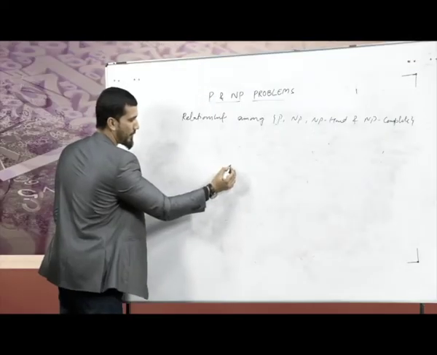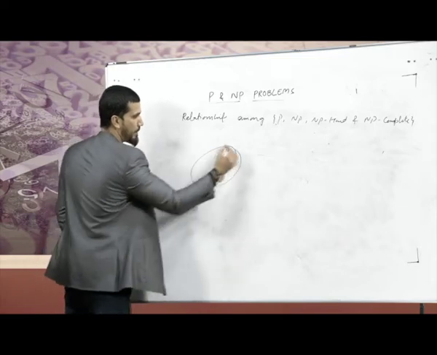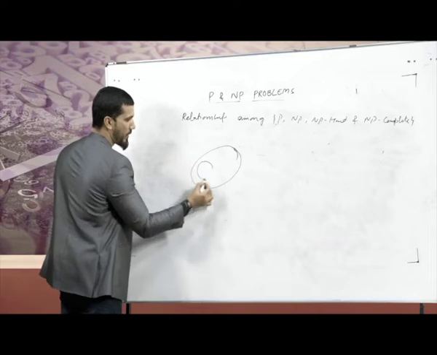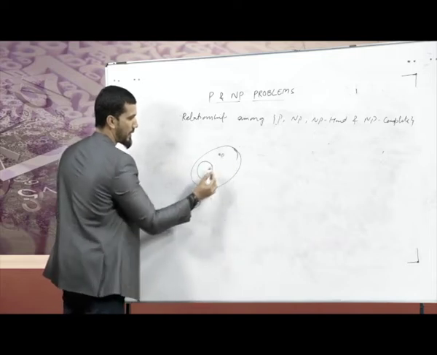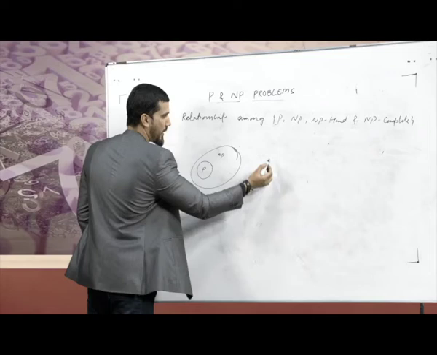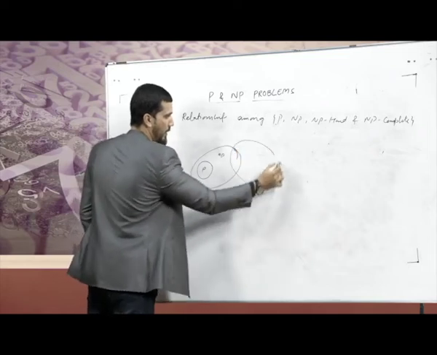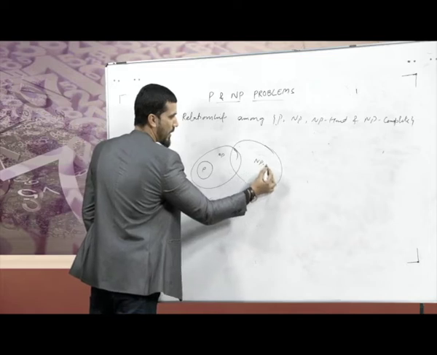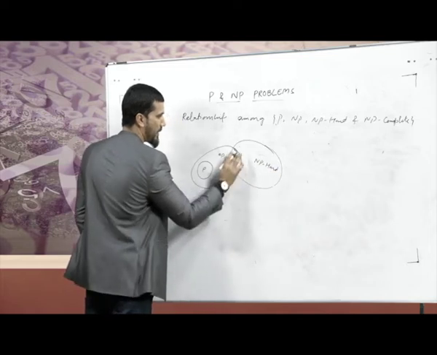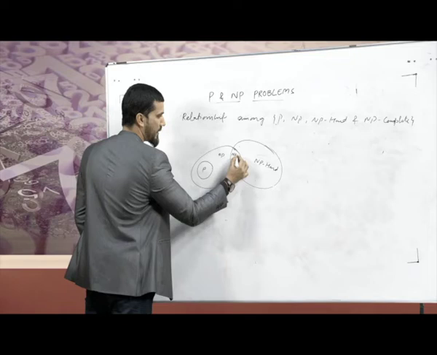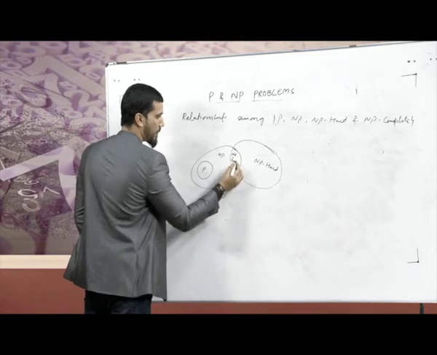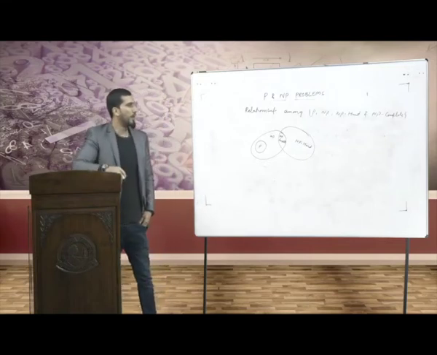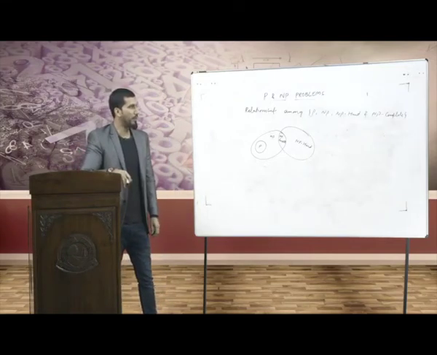We know from the relationship among P and NP that P is a subset of NP. So if this is my NP, then this will be my P. And if this is my NP hard, this will be my NP complete set. This is the relationship among all four types of problem sets.